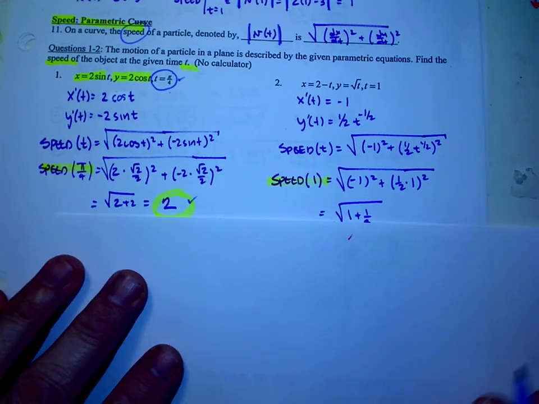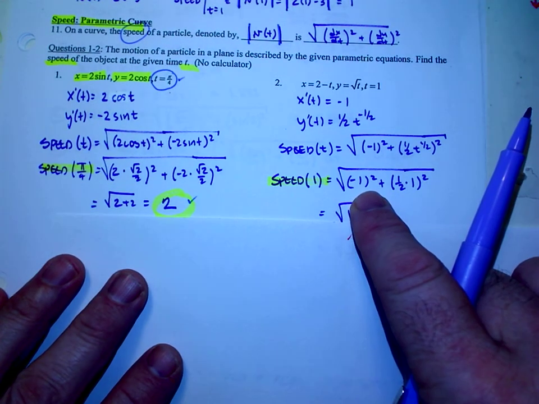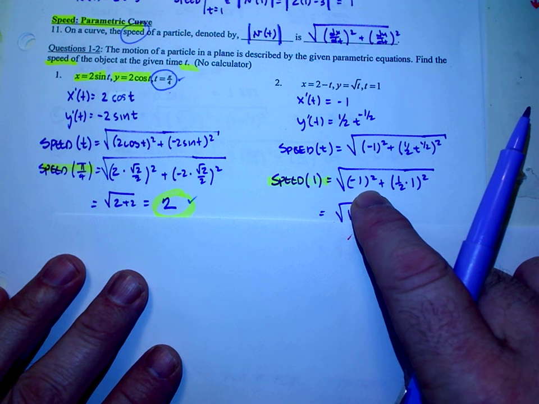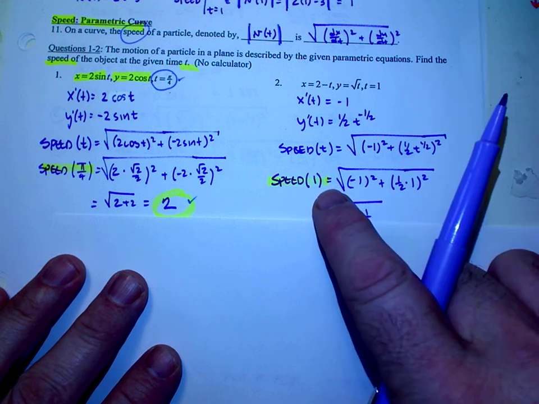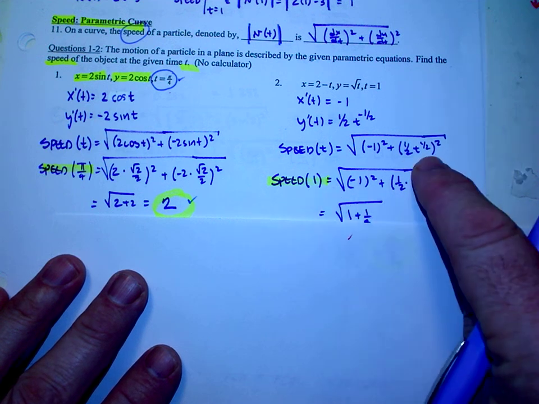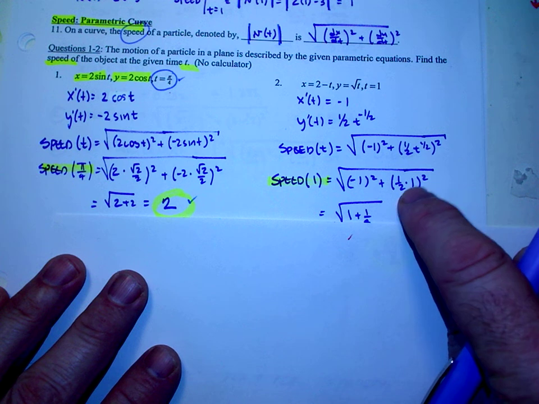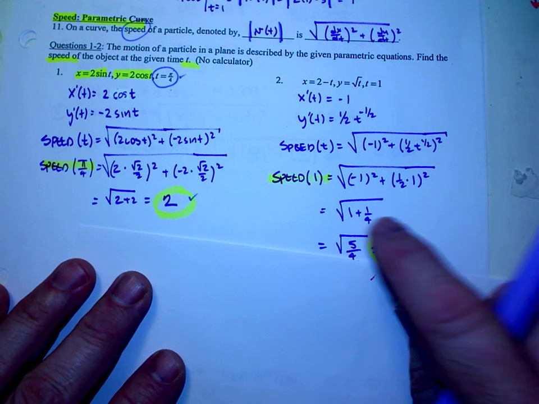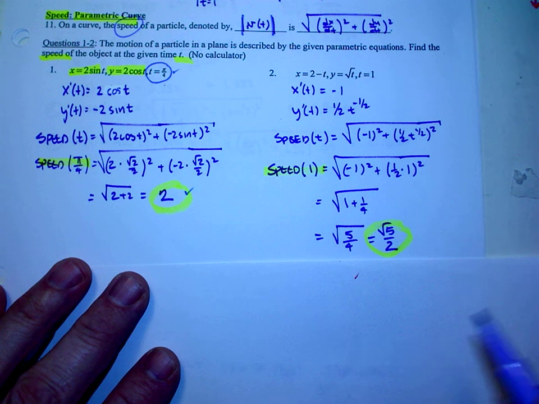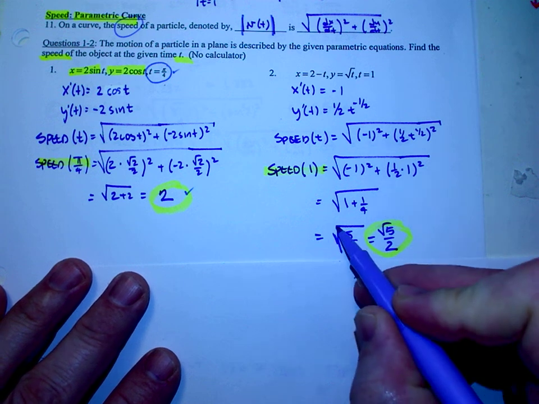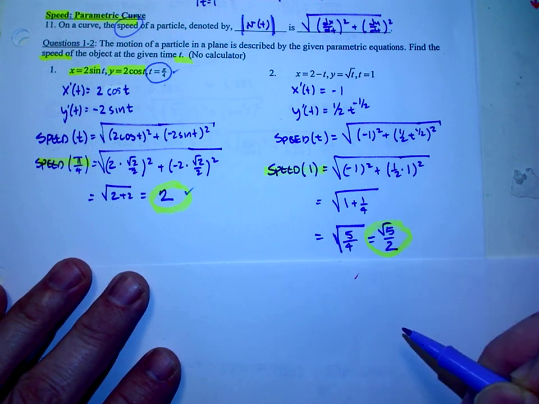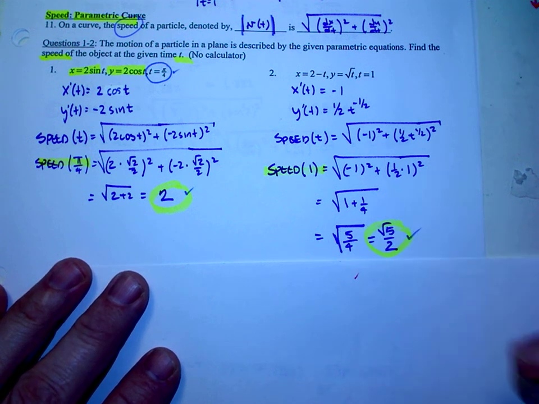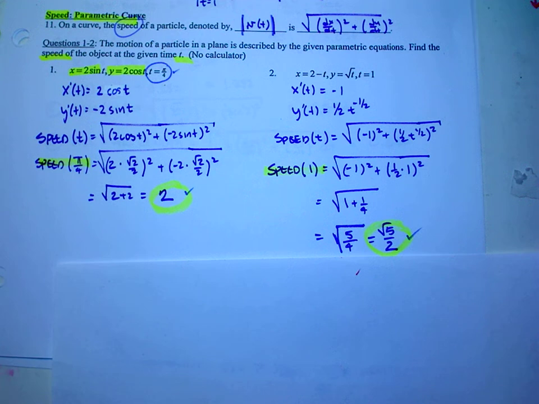First part is rather simple there. We're just square rooting negative 1 squared regardless of the value of t. But the second part of this, we'll substitute in 1. Square root of that is 1 times 1/2. Square that and we get 1/4. 1/4 plus 1 is 5/4. The square root of this would give us the square root of 5 divided by 2, and that is the speed of our particle when t equals 1.